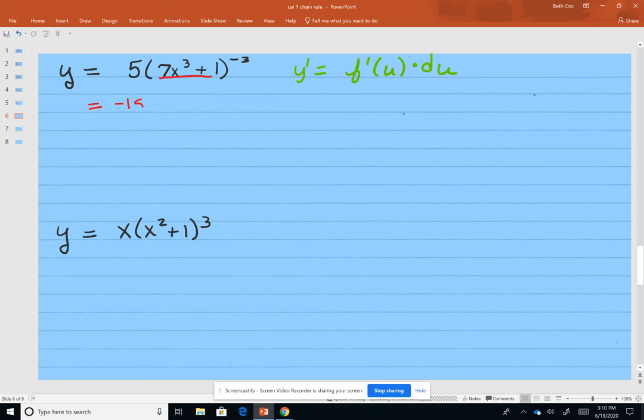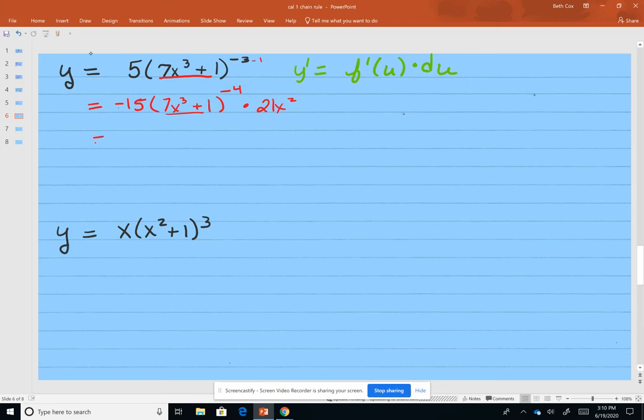All right, so here we go. So I'm going to do negative 15 to the negative, we got to subtract 1, 1/4 power, okay, times the derivative of the inside. Well, the inside has a derivative of 21x to the second. Okay, and so here we go.